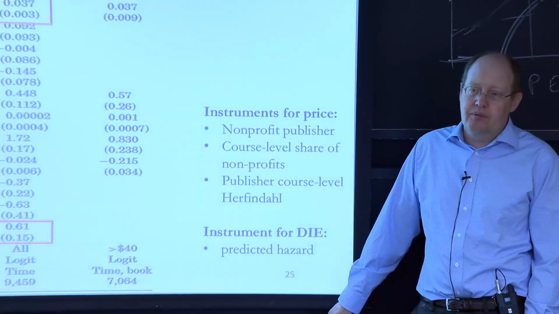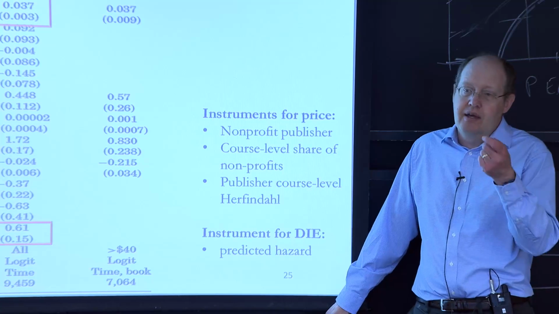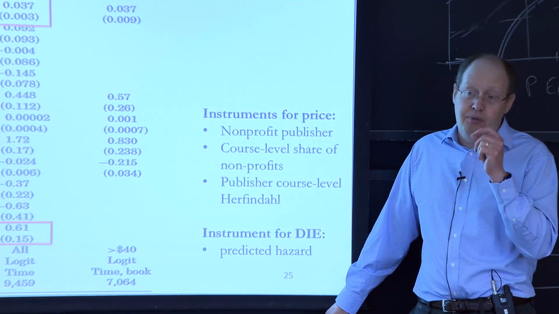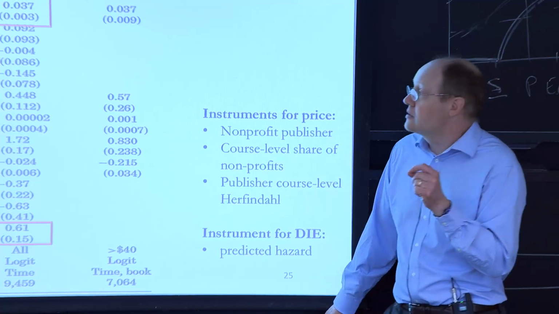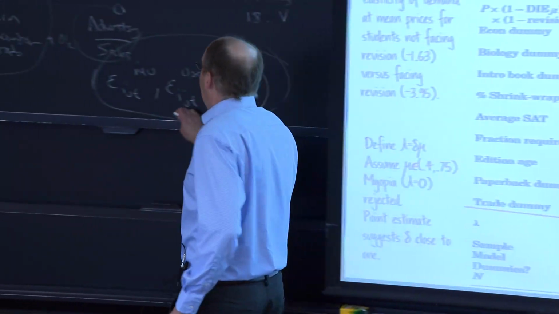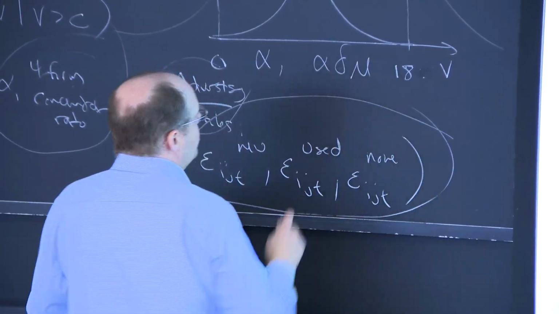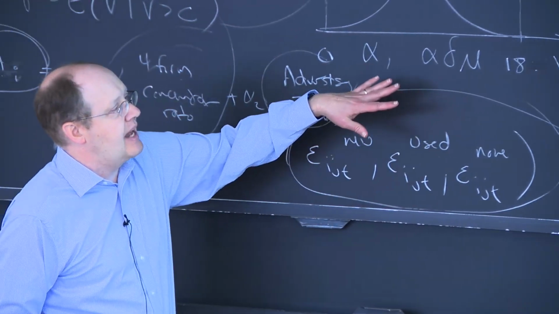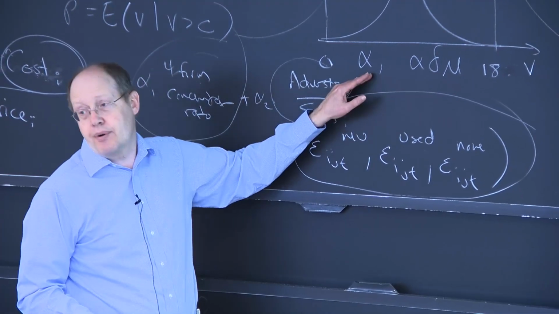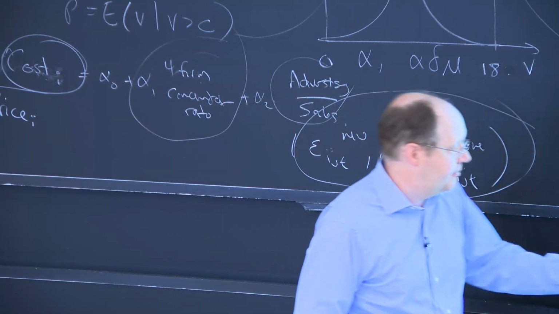They can only react that much if they recognize there's a high probability of death and put a lot of weight on that. In some sense, we're estimating two things: I have alpha and alpha delta mu. The coefficient on the probability of death is giving me this, the coefficient on the price is giving me this, and then I divide them, and that's where I get the lambda from.